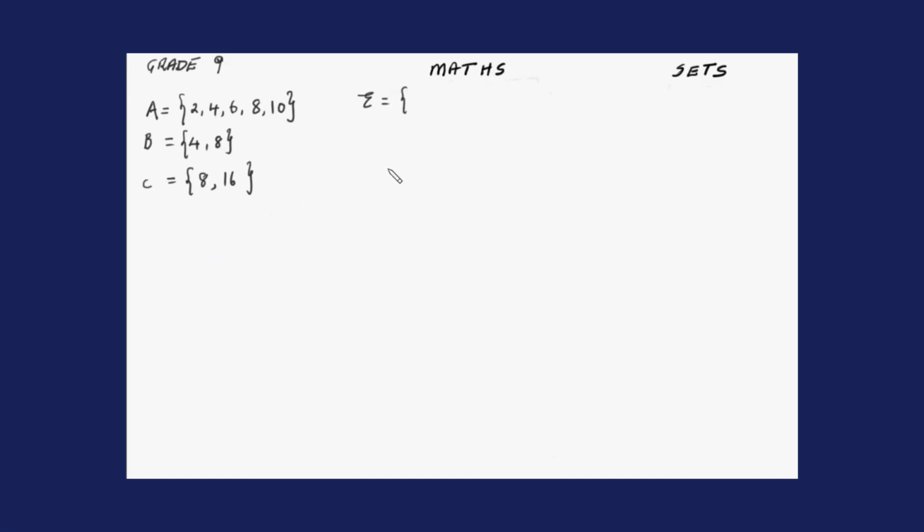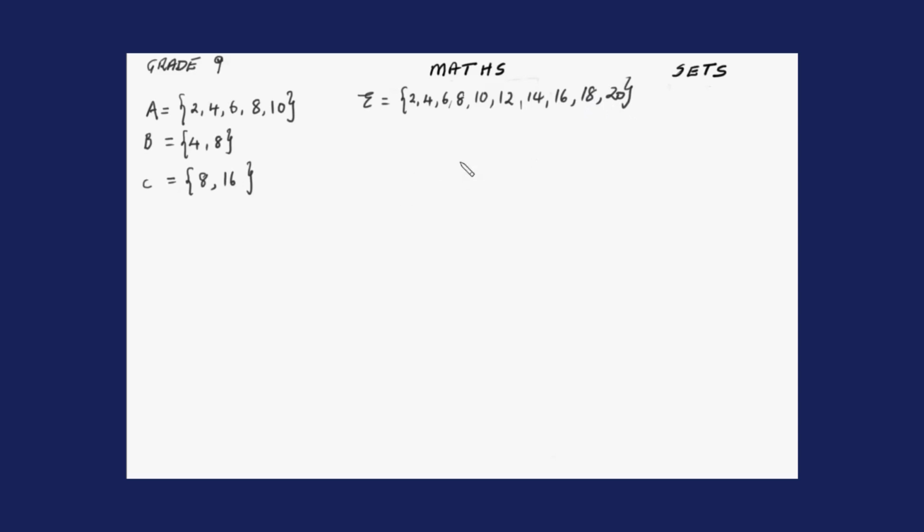Let's say our universal set is the set of multiples of 2 up to 20. It would be 2, 4, 6, 8, 10, 12, 14, 16, 18, 20.